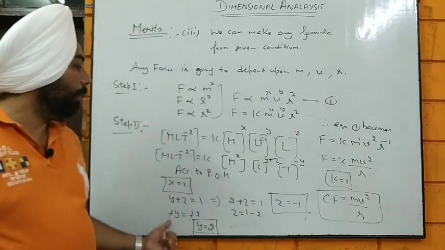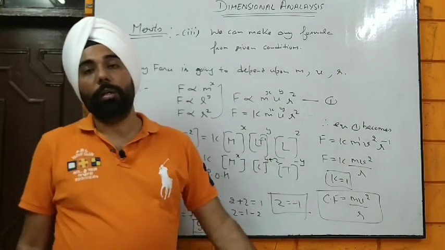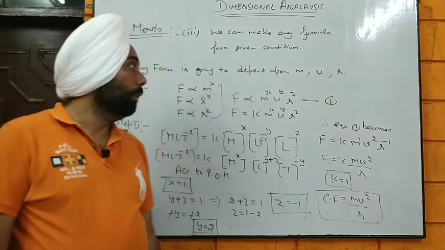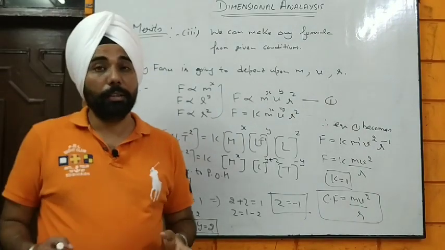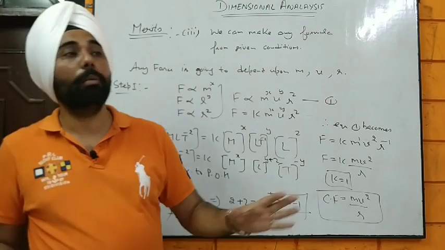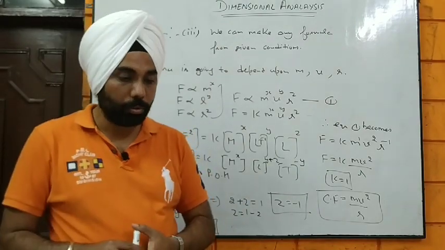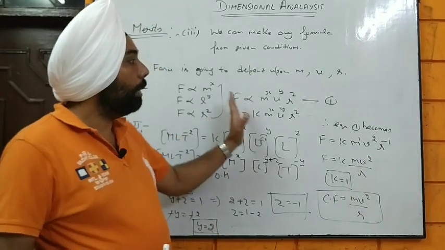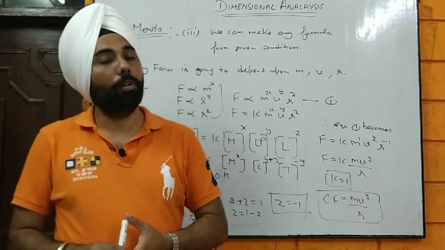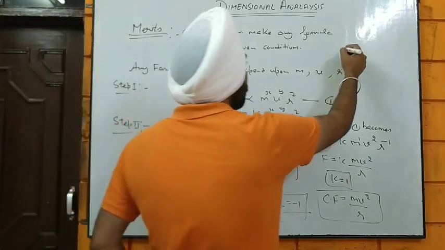You can solve the value of x, y, z, and then you can calculate any formula by the given method. So that's it. That is all about the numericals of dimension analysis. You can practice many numericals in your book, I think so. Many more are given to you, but these are the three types of numericals which are very important for dimension analysis. Now last, not the least, is the demerits.